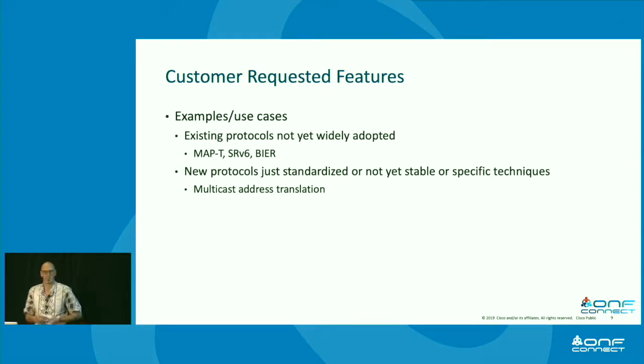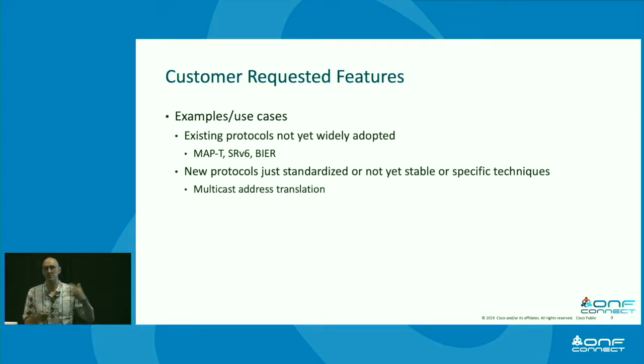SRv6 is another technology that's been around for a while. There are very few hardware implementations. BIER, a solution to support large-scale multicasting, more scalable than traditional solutions based on multicast routing protocols. So all of these are examples of features that customers might want.